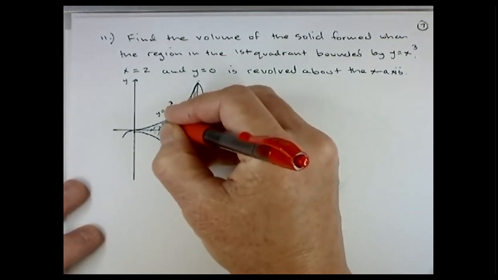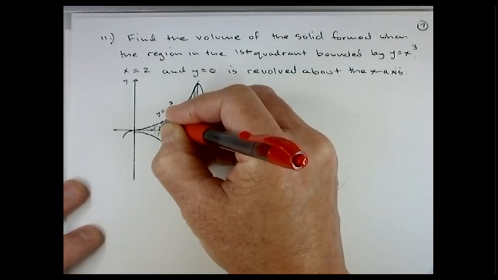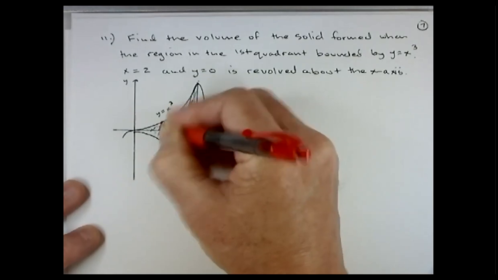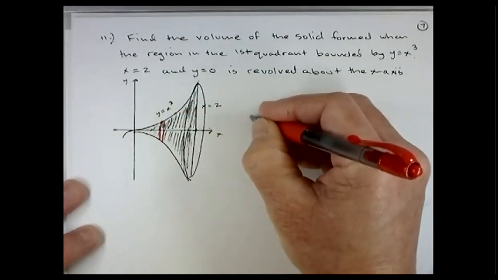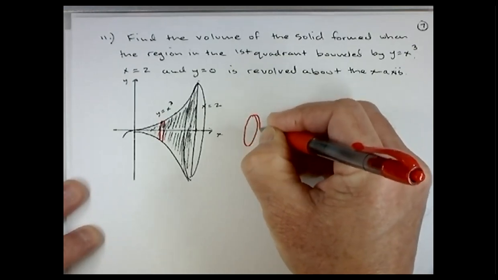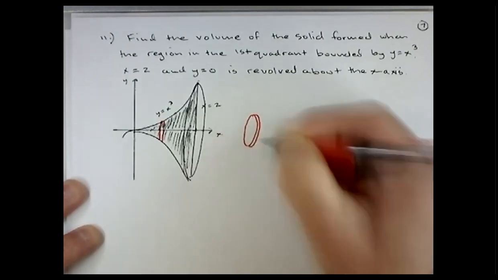But if I take some thin cross sections of this, right? If I cut through this very thinly, what is a thin cross section of that going to look like all the way through? Do you see that that's really going to look like a thin circular disc, right?